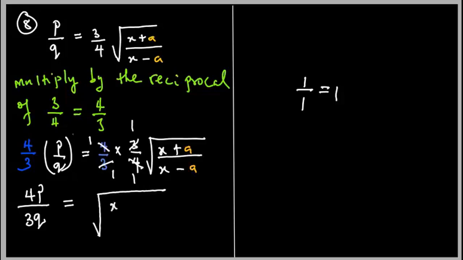So this whole square root will now multiply by 1 to still give us the same thing, which is x plus a all over x minus a. So that's the first step.